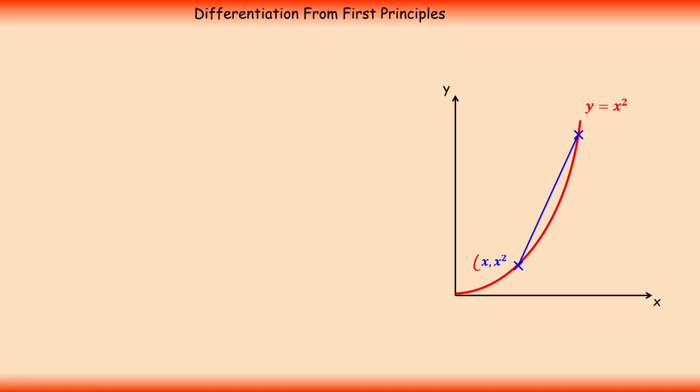My second point is just delta x away, and that's x plus delta x and x plus delta x all squared, which is the f of x plus delta x portion. Change in x is delta x, change in y is x plus delta x squared minus x squared.